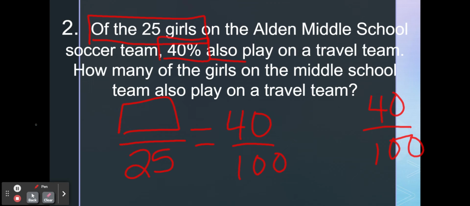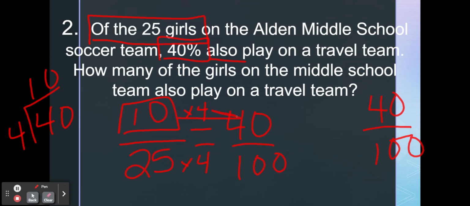I'm going to look for that connection between the 25 and the 100 because I don't know how many students represent 40%. That's what I need to figure out. But I do know that I can multiply times 4, and I also have to do the same thing here. So some number times 4 equals 40. And to determine that, I do 40 divided by 4, which, as you know, is 10. So 10 represents the part.